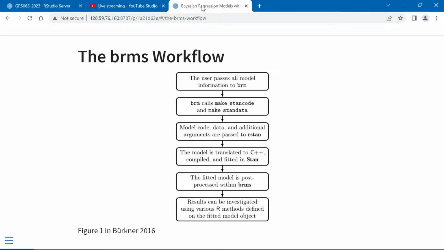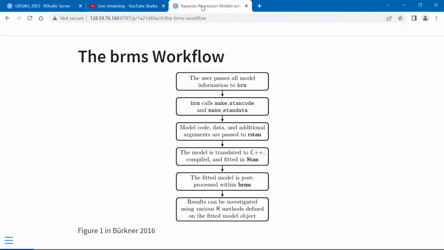So what rstanarm and brms are doing is having these large fitted output objects, which have the draws that came from Stan, but also have a lot of information about what the model is. And so R functions can take that and do stuff with it that Stan wouldn't have been able to do on its own. And then the results can be investigated using various R methods that are defined for objects of this S3 class.